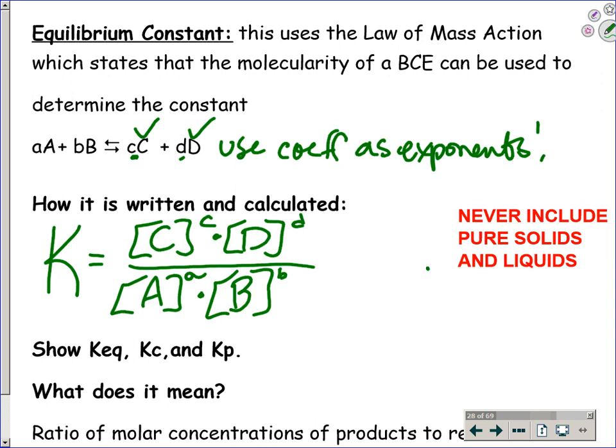The big point though, make sure you know this: I don't have any states of matter indicated on this reaction, so there's no qualification on this particular generic equation, but you will never ever ever use any pure solids. How will you know if something's a pure solid in a reaction? How will you know?